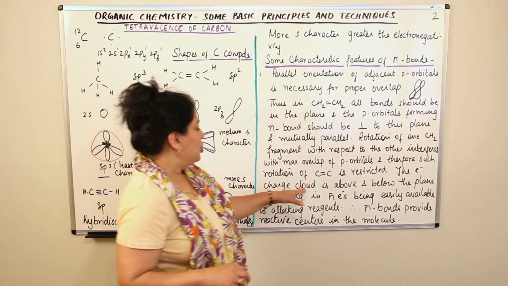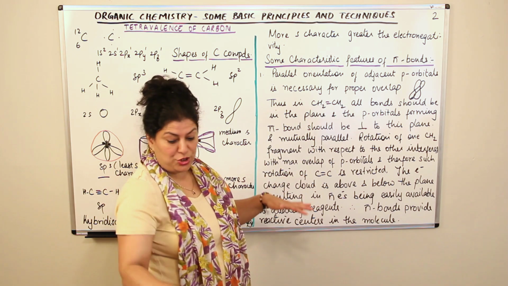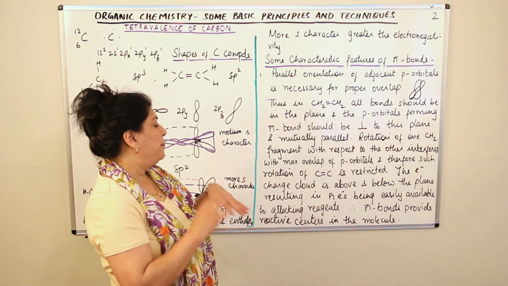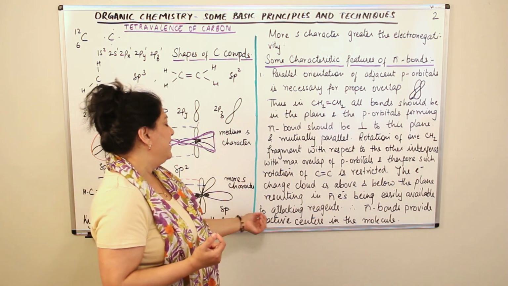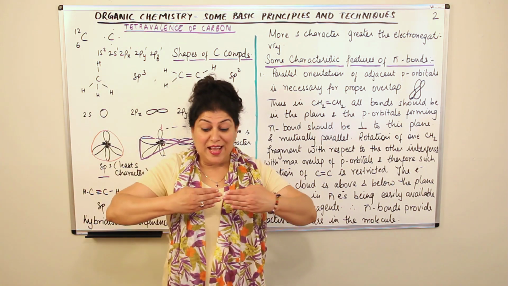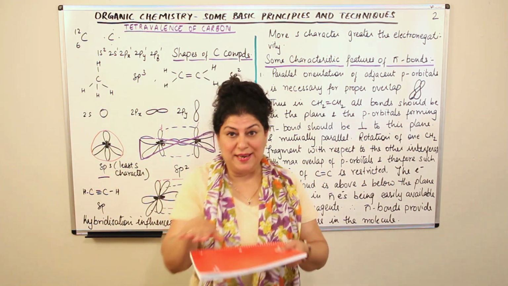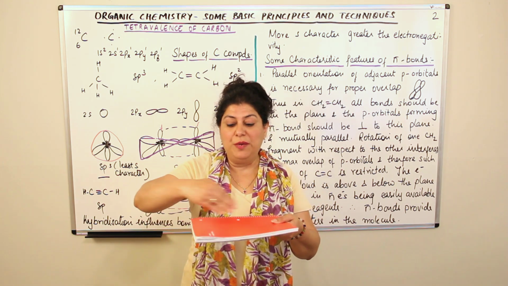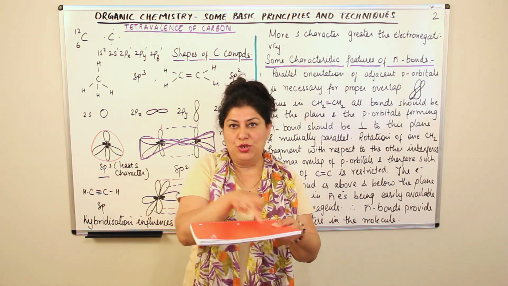The electron charge cloud is above and below the plane, resulting in pi electrons being easily available to attacking regions. If you really see, in the plane there are so many electrons of the three bonds on each carbon, including one bond between the two carbons.